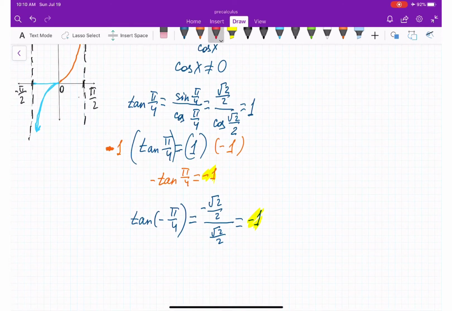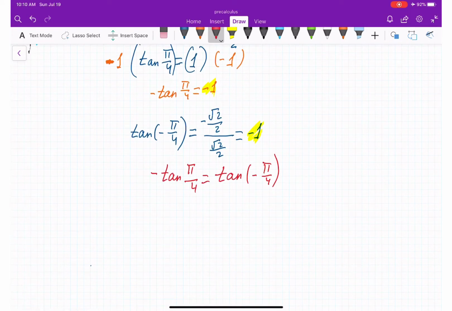Therefore, I can write down negative tangent pi over 4 is equal tangent negative pi over 4, or vice versa. Doesn't matter. Tangent negative pi over 4 is equal negative tangent pi over 4.